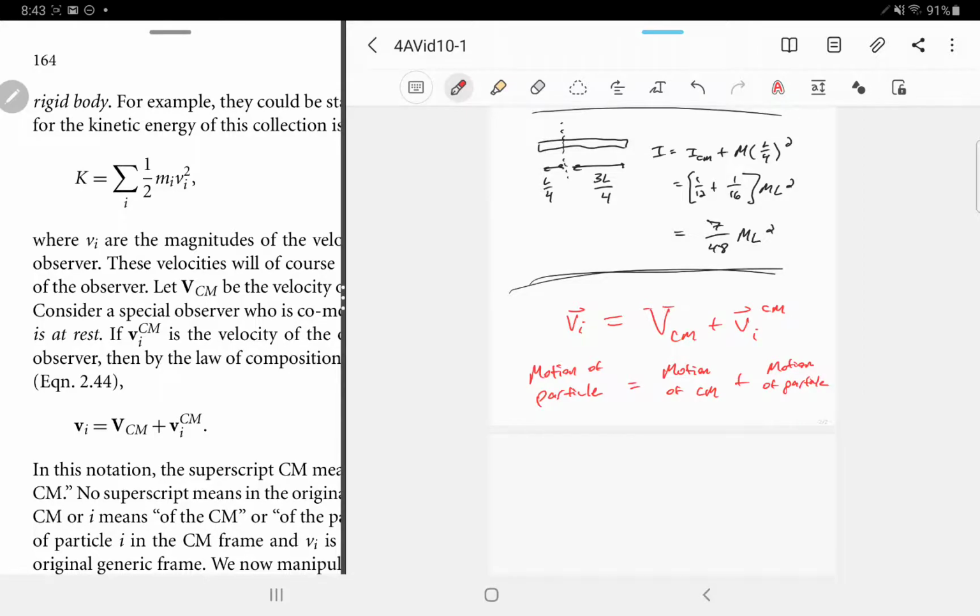This is nice because if you want to talk about a system, like the whole rigid body, you talk about the system as a whole, which is this first piece, and then if the particle is moving about that center of mass, you modify it with this term right here, the velocity about that center of mass. Motion of particle about the center of mass. So again, v_AC equals v_AB plus v_BC.